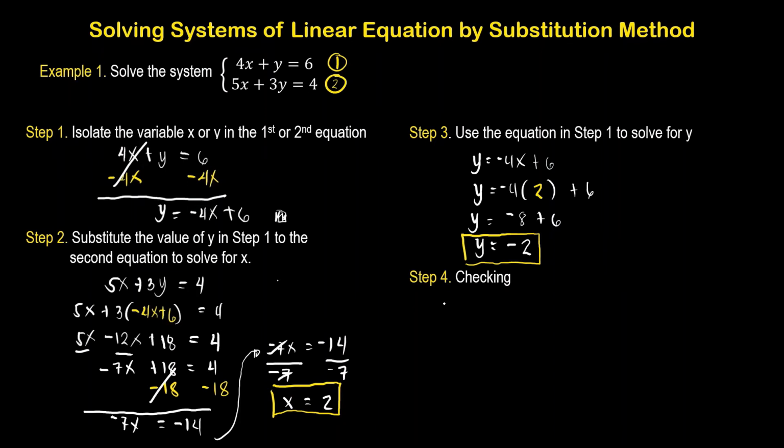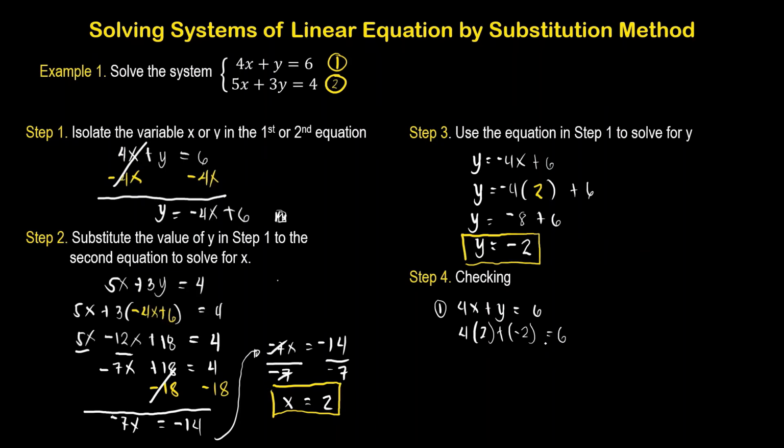So start muna tayo sa first equation, wherein we have 4x plus y is equal to 6. So, ang gagawin natin dito is we just simply plug in the value of x and y sa given equation. So, this is 4 times, of course, yung value ng x natin, which is equal to 2, plus the value of y, which is equal to negative 2, is equal to 6.